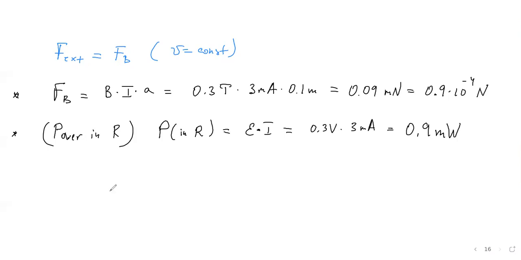If you don't remember, the power produced by a force can be calculated as force multiplied by velocity. Because in reality, you can say the amount of work you do is force multiplied by displacement, and then you divide it by time.